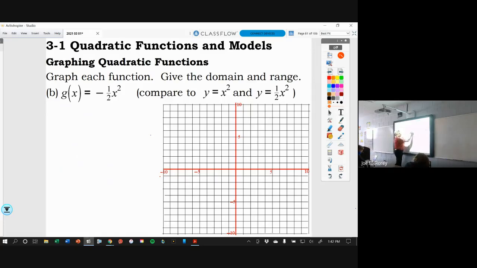So if we were going to graph y = x squared, that's just the parent parabola, right? 0 squared is 0. 1 squared is 1. 2 squared is 4. 3 squared is 9. Axis of symmetry is the y-axis. Reflect those points, and draw your parabola.